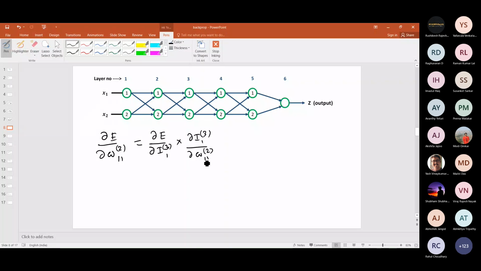Now carefully look at this particular expression. I can very easily compute this one. I'm not really worried about this one because I know how I depends on W11, so I can compute it later on. But the part which I need to focus on more is this particular part.